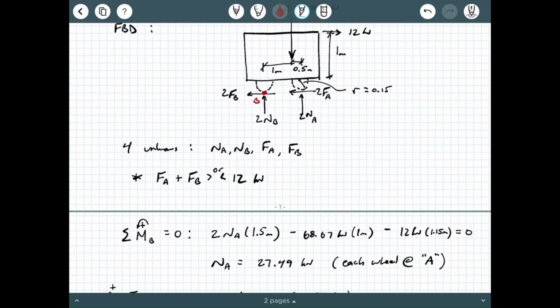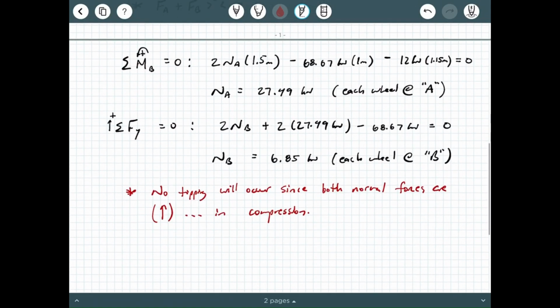We were given these locations of the normal force. In the other example where we just had a box sitting on a flat surface, we not only needed to find the normal force, but we needed to find where it was located relative to some origin, right? That's where we calculated that x value in the previous example. But again, we know where these wheels are. These are fixed wheels, so we don't need to solve for any value of x.